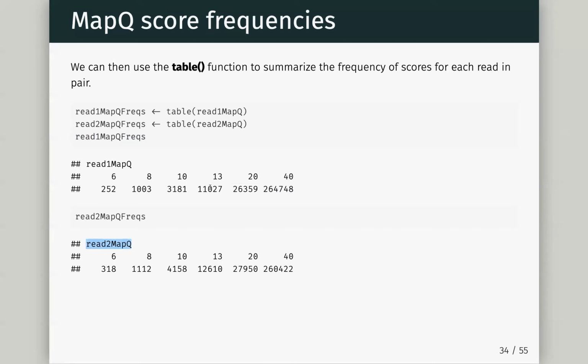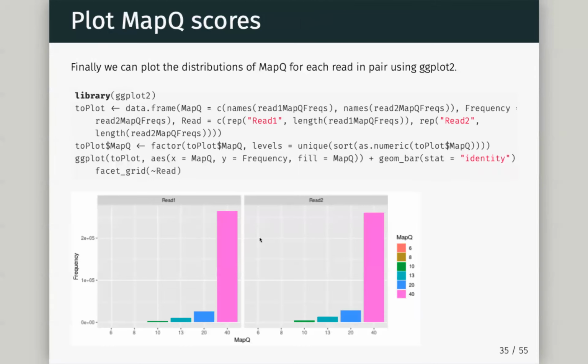Read 1 and read 2 could have different qualities of alignment, right? And if we just do a quick plot using ggplot here, we can see that generally this doesn't look so bad. We have lots of high quality alignments here. What I would be concerned about is if I saw lots of zeros or 6s in this case. That would tell me there's something wrong with my data. I see mostly good quality alignment. This is our max, so I'm pretty happy.